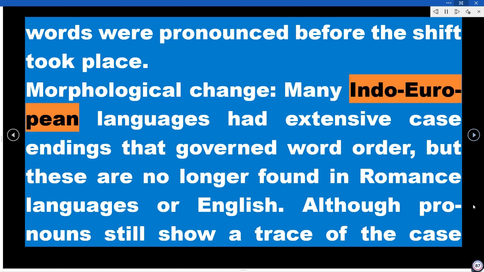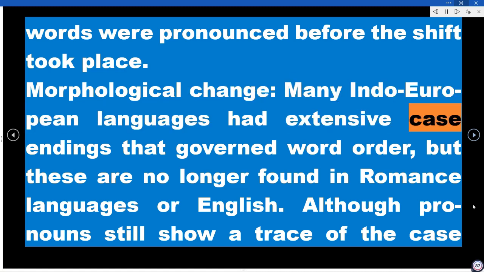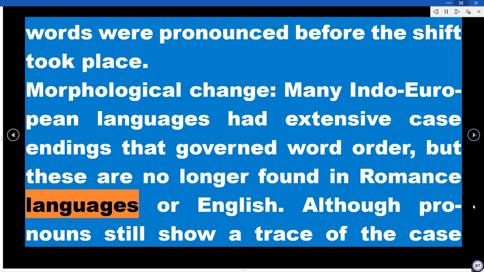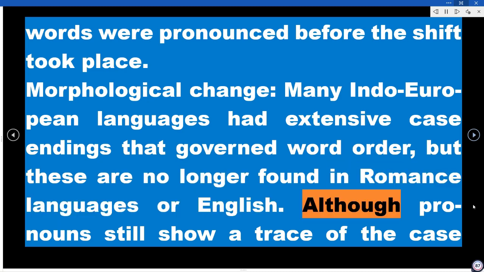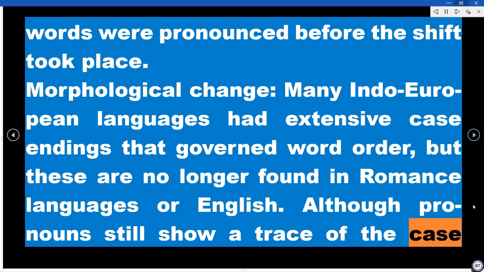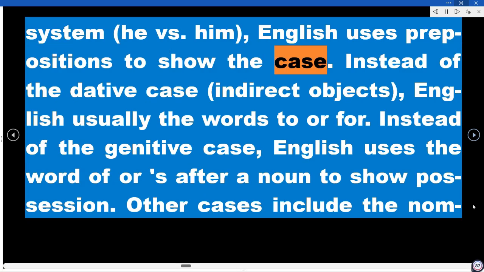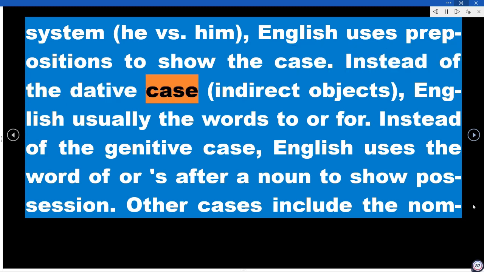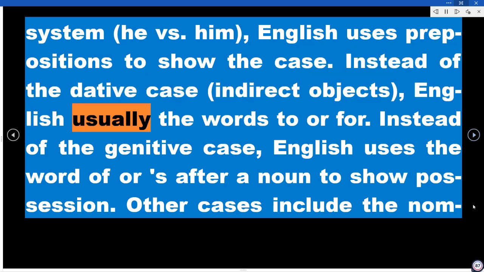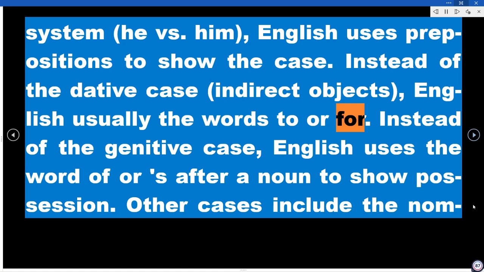Morphological change. Many Indo-European languages had extensive case endings that governed word order, but these are no longer found in Romance languages or English. Although pronouns still show a trace of the case system, he versus him, English uses prepositions to show the case. Instead of the dative case, indirect objects, English usually uses the words to or for.